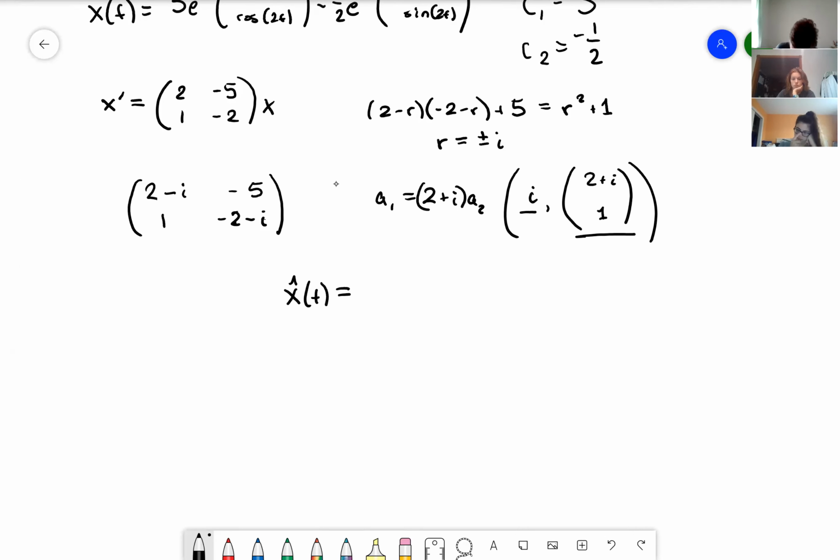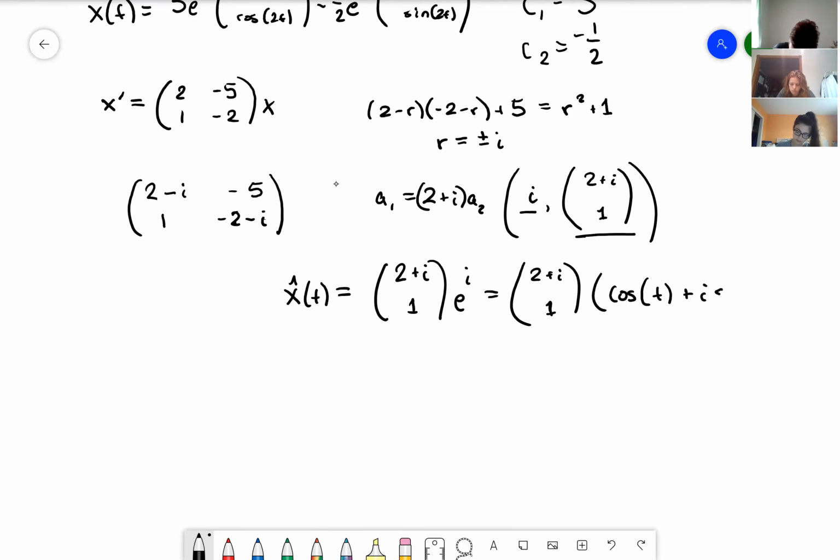Now this is one of the general solutions. (2 plus i, 1) e to the it, which is (2 plus i, 1) times cosine of t plus i sine of t.